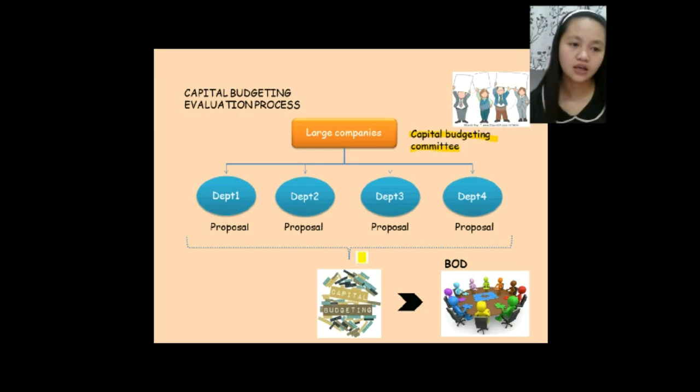In order to do good capital budgeting, the company usually will do an evaluation and request input from various departments by asking them to submit their own proposals. These proposals will be evaluated by the capital budgeting committee, which is selected by the board of directors. The committee will go through all the proposals and do analysis. Proposals which are worthwhile to the company will be selected and approved by the board of directors.